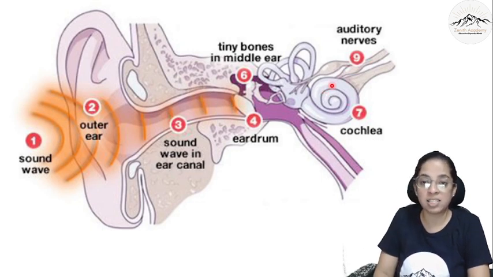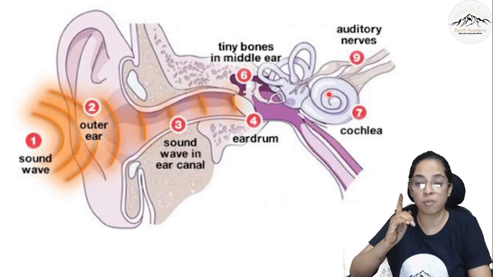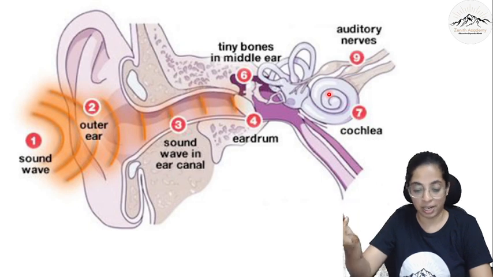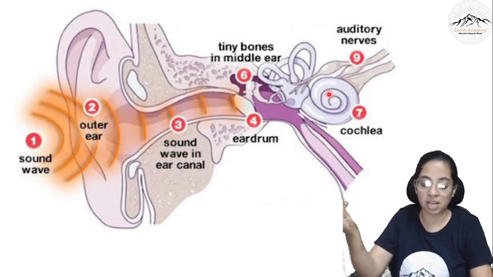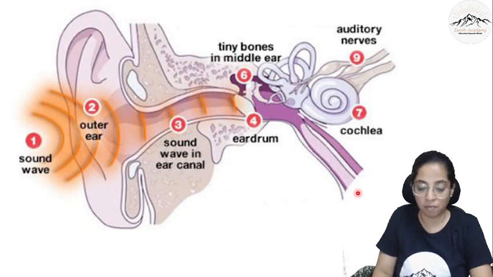So it sets the fluid contained in the cochlear canals into vibration. Now the vibrating movements of the fluid stimulate the hair-like processes of the sensory cells of the cochlea. We know that in the cochlea there are sensory cells, so they get stimulated, and then the impulses are transmitted to the brain via the auditory nerve. Have you understood?